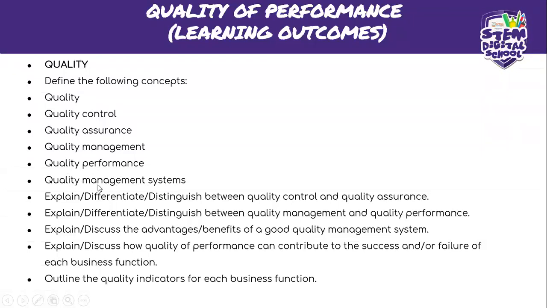And now I want us to look at your quality management systems and explaining the difference between these ones, right? And also I want us to look at explaining how quality of performance can contribute to the success or failure in each business function.